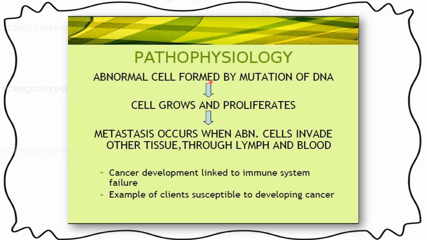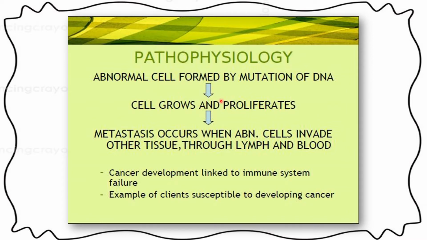Let us now proceed to the pathophysiology of cancer. Cancer is a disease process that begins when a cell is transformed by genetic mutations of the cellular deoxyribonucleic acid, or the DNA. Genetic mutations may be inherited and/or acquired, leading to abnormal cell behavior.